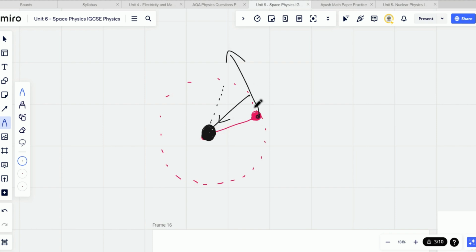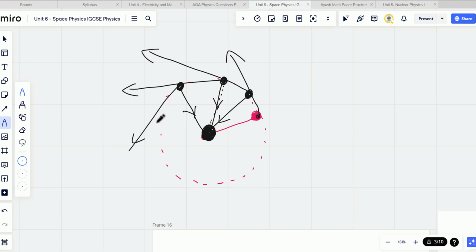It pulls it back. Therefore, instead of going straight, the earth changes its direction and comes over here. Then it tries to go away from the sun again, and the gravity again pulls it in this direction. So it again changes its trajectory. Then from here it tries to go in this direction, and as soon as it reaches here, the sun's gravity pulls it back. And this is how the whole circular motion is generated.